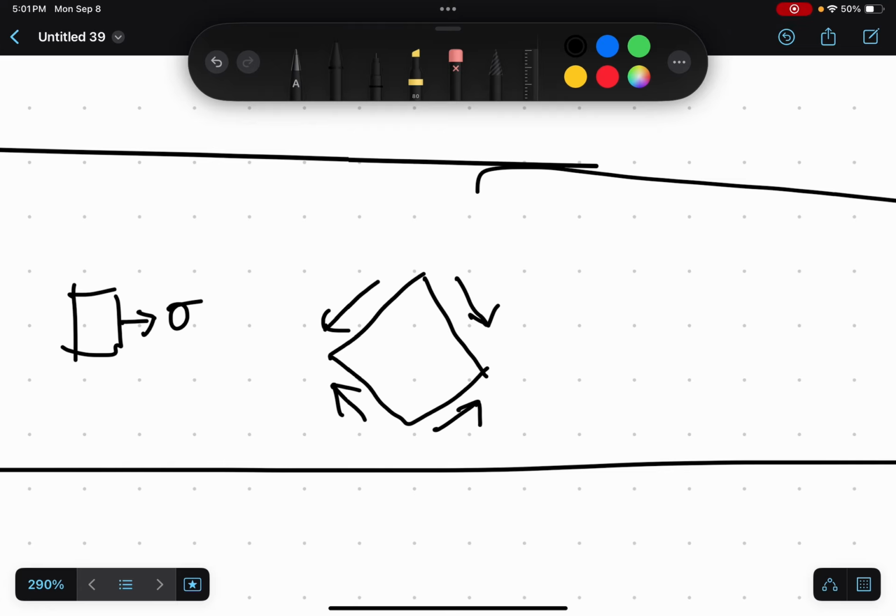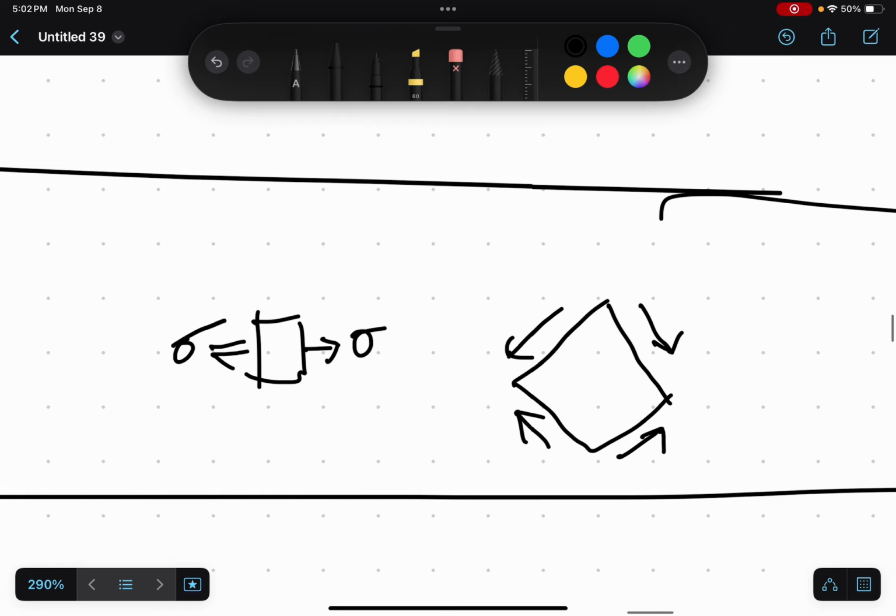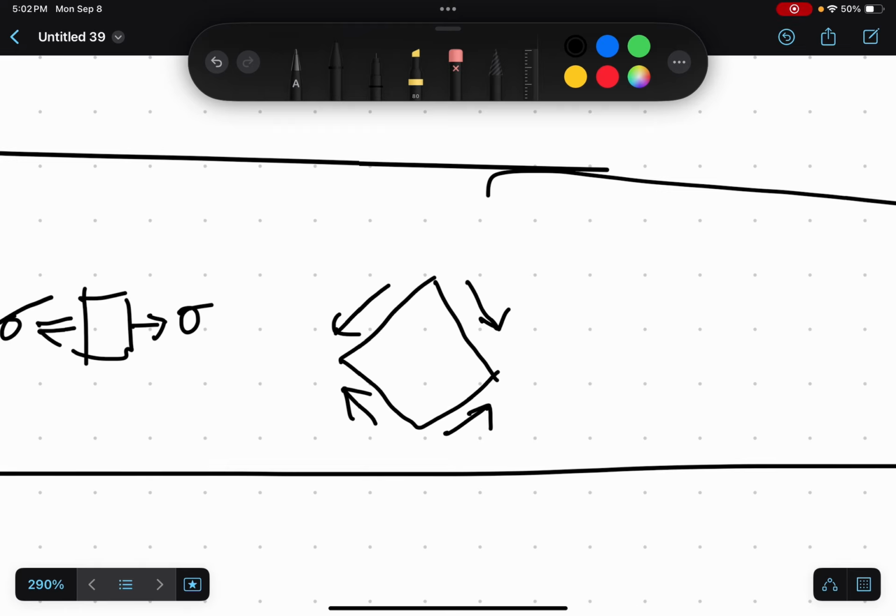And it makes sense that the arrows are drawn that way, because technically you have the equal and opposite shear stress on the other side, or normal stress on the other side. And if you're deforming it this way, it makes sense that you draw the shear arrows such that you're also deforming the element that way.